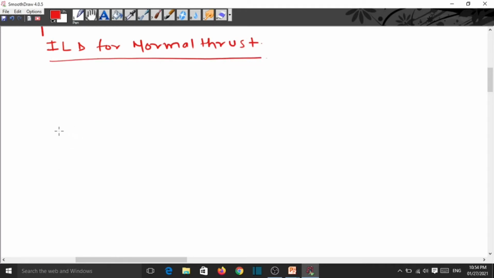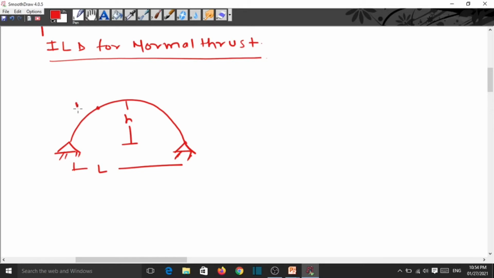Now, how is this normal thrust found? Suppose this is an arch, a parabolic arch, having a span L and rise H. Now suppose at any point P you want to find the internal forces.